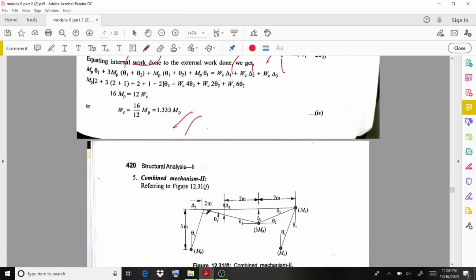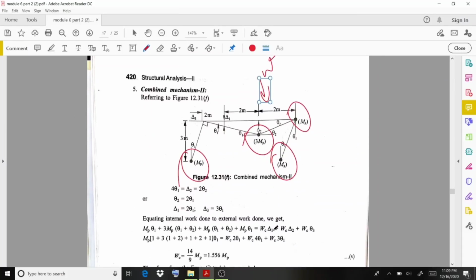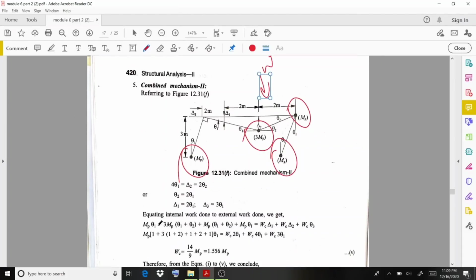Then one more mechanism for this combined mechanism itself, under the second load W. So here Mp, here 3Mp, here Mp, here also Mp. All the procedures are same, and finally you have to equate those values as external and internal work done. Mp theta 1 plus 3Mp theta 1 plus theta 2, then Mp theta 1 plus theta 2, plus Mp theta 1.